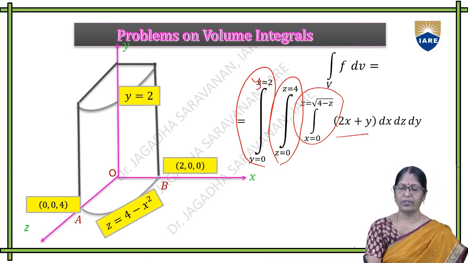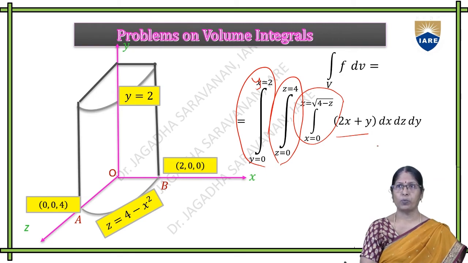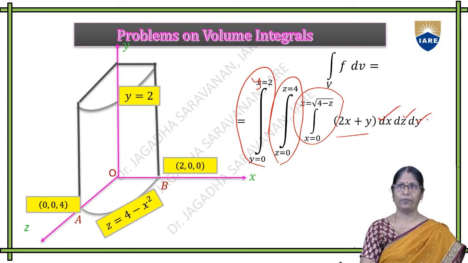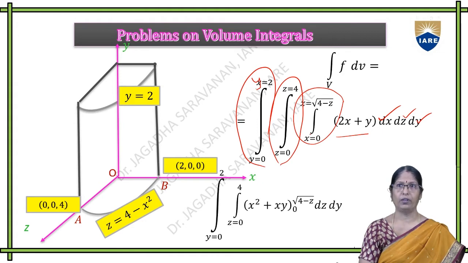So the function is 2x plus y, dx, dz, dy. Now, when we are doing the integrations, for the curved one, it is better if we keep it as the interior part, and the solution will be more comfortable.